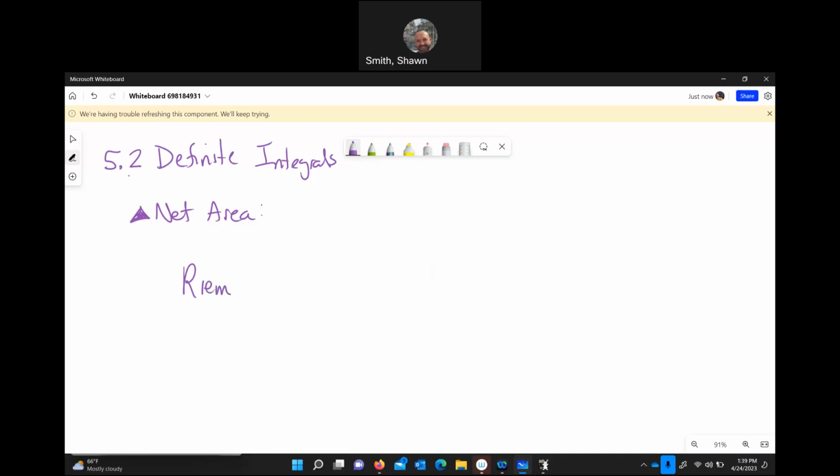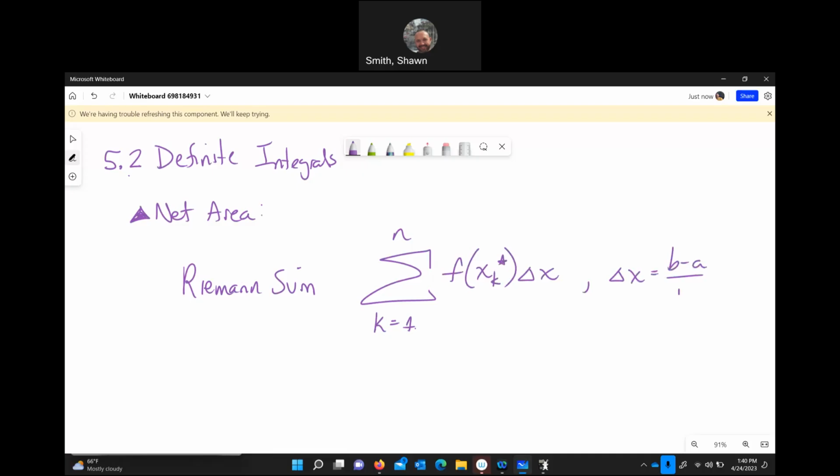So when we look at the Riemann sum, we know a general formula for that. For the midpoint one, if we choose f of x, let's say k star, times your change in x, and your change in x is equal to b minus a over n, right?